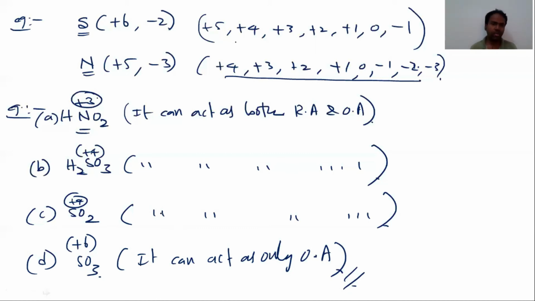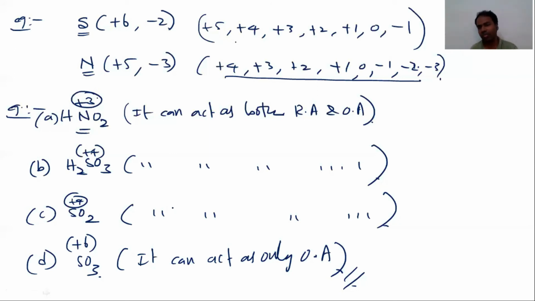If the central atom has the maximum oxidation state, that compound acts as the oxidizing agent. If the central atom has the minimum oxidation state, that compound acts as the reducing agent. If the central atom has an intermediate oxidation state, that compound acts as both an oxidizing agent as well as a reducing agent. That is the use of oxidation numbers.